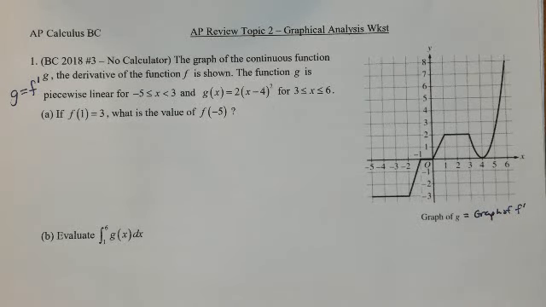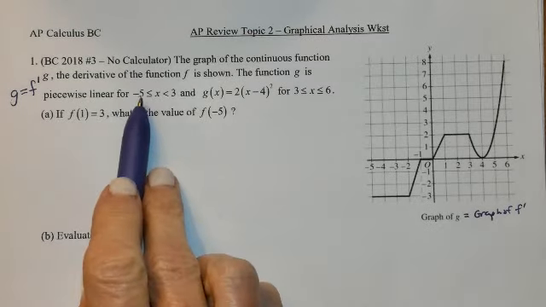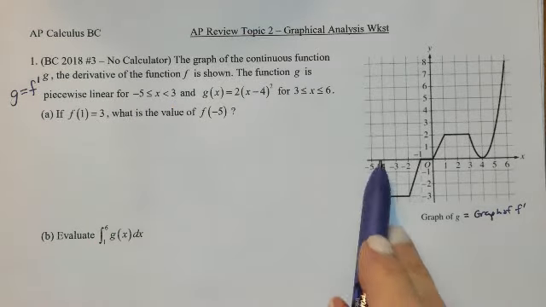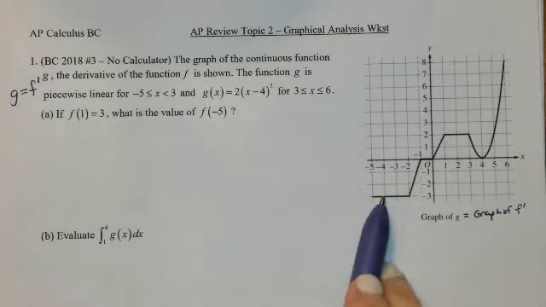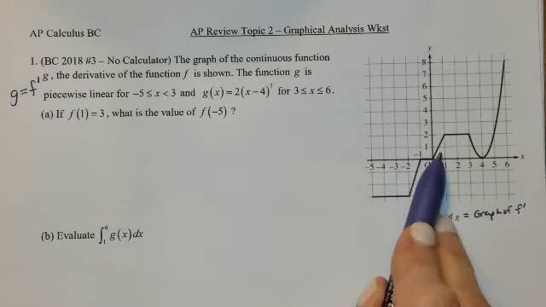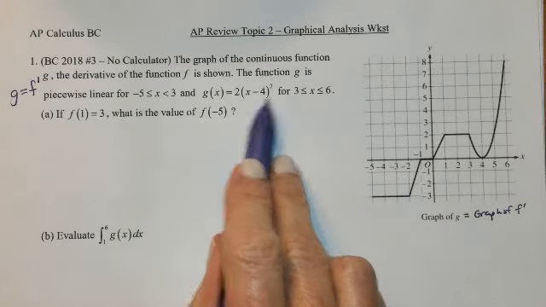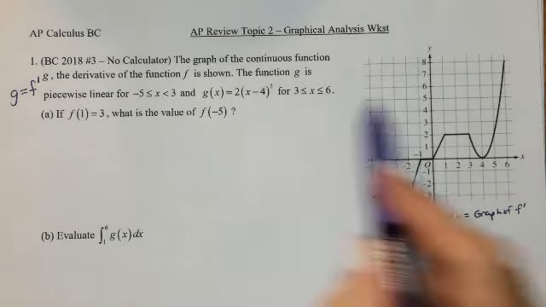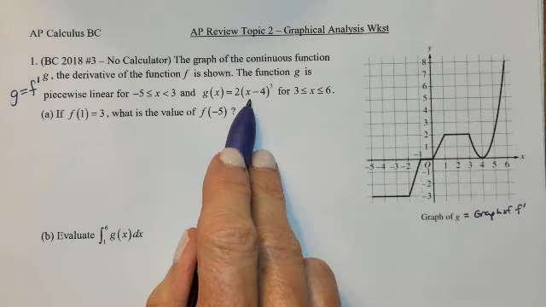Okay? All right, the function g is piecewise linear from -5 to 3. So from x equals -5 to x equals 3, we have little line segments, linear pieces. And g is equal to this quadratic from x equals 3 to x equals 6. So this parabola is this equation.